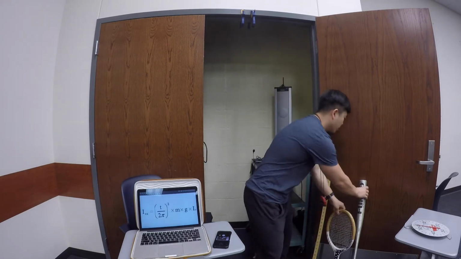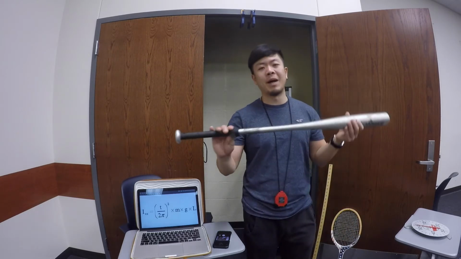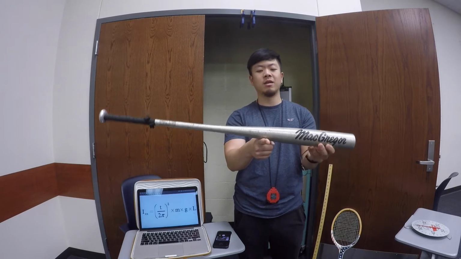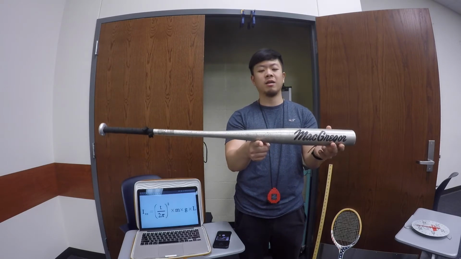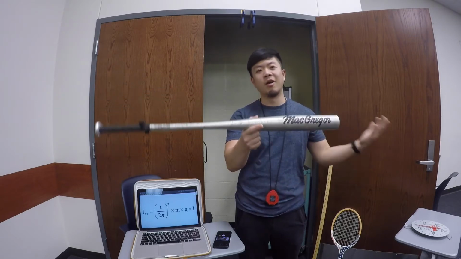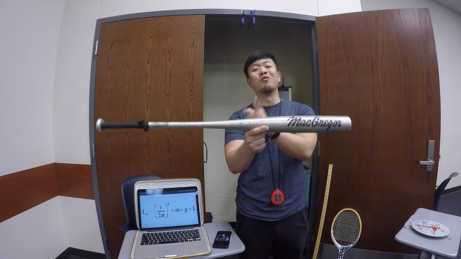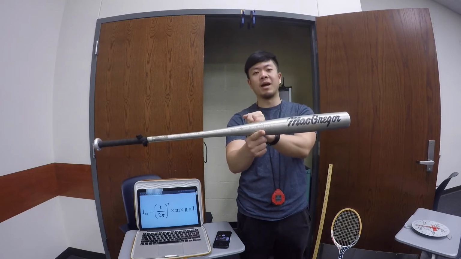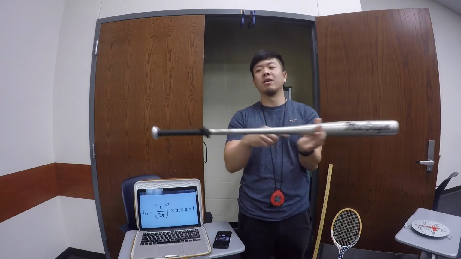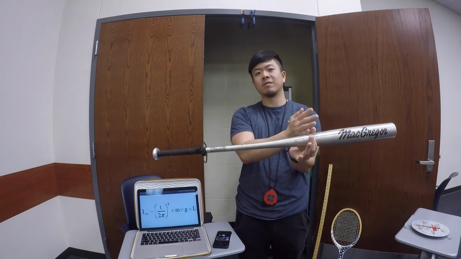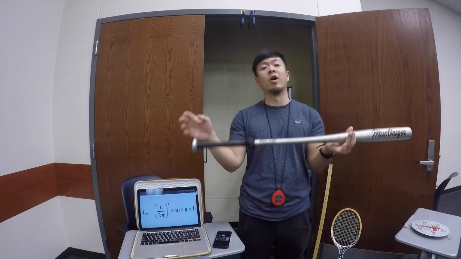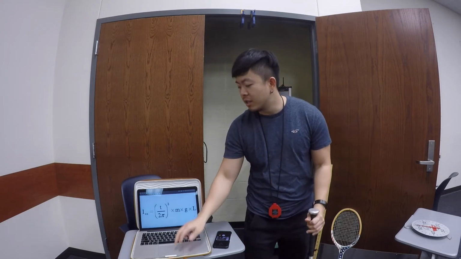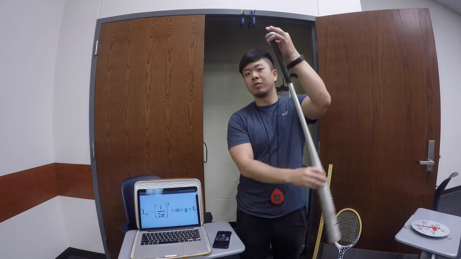And also for the baseball bat, like this, try to find the center of mass. And I'll figure it out later. But when you find the center of mass, figure out the length from the other end to the center of mass, or from the grip to the center of mass, depending on which side you're hanging it on. So we've got T, which is the time for a complete swing.